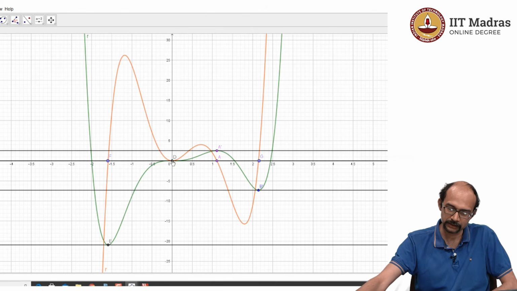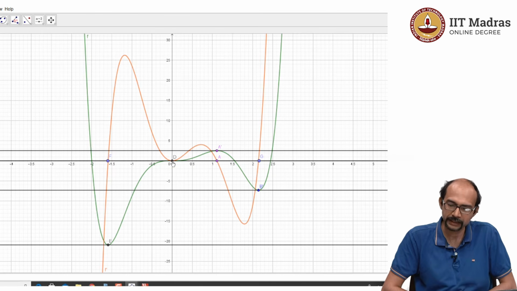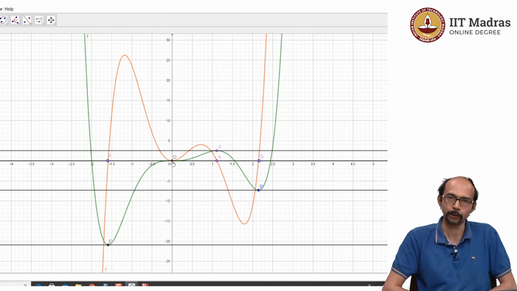D is actually a local minimum for the derivative. So, when such a thing happens, that is going to be a saddle point.